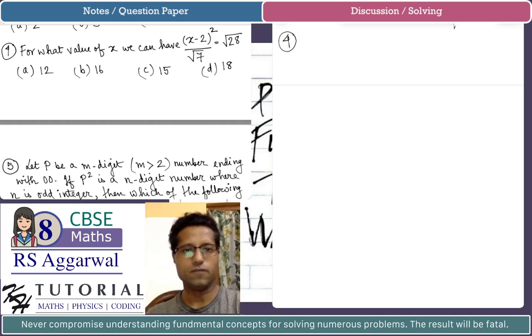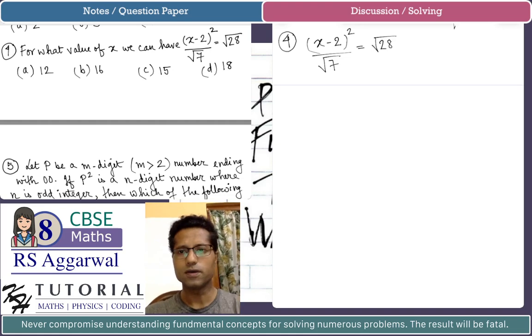For what value of x can we have (x minus 2) whole square divided by root 7? So an equation is given that (x minus 2) whole square divided by root 7 is equal to root 28.